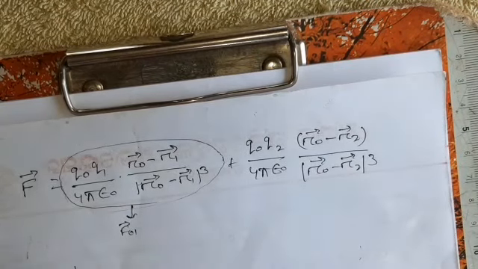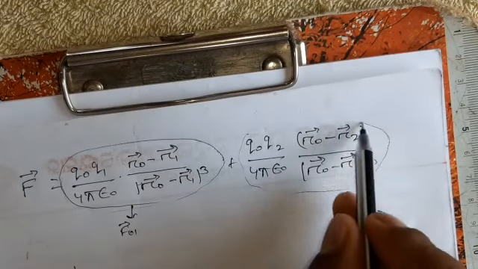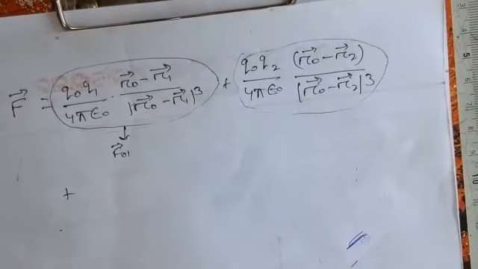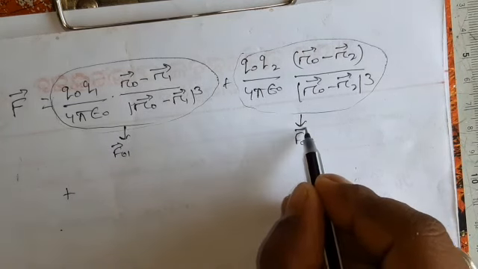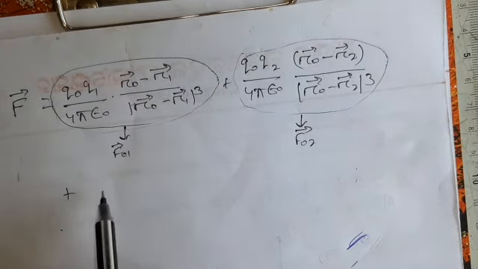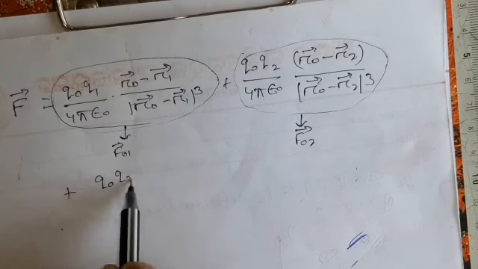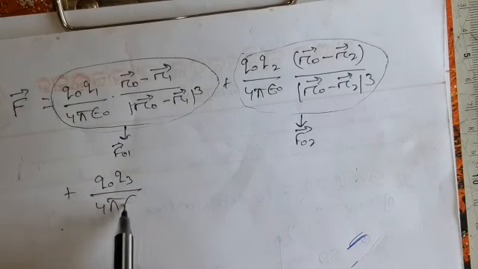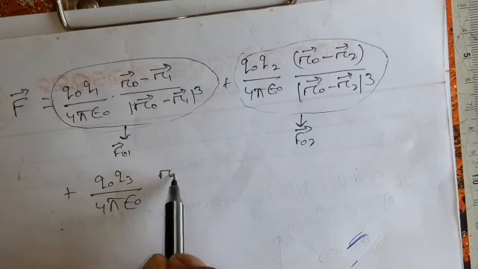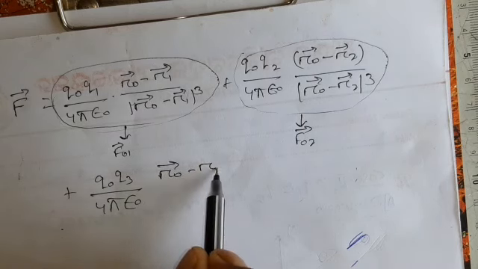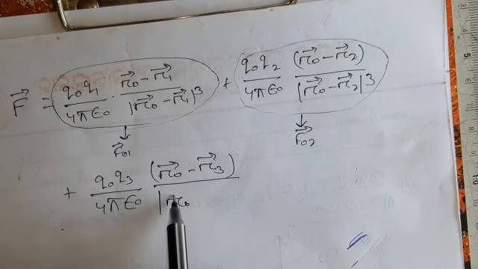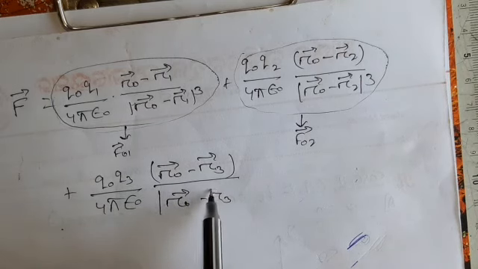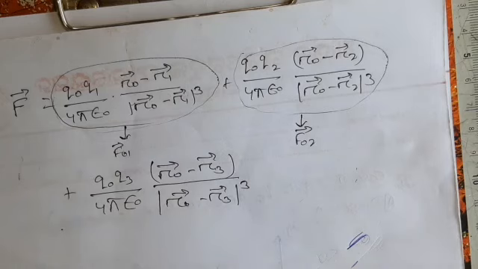And this is for F naught 2 vector. For F naught 3 I will write similarly Q naught Q3 by 4 pi epsilon naught, R naught vector minus R3 vector divided by magnitude of R naught vector minus R3 vector to the power 3.